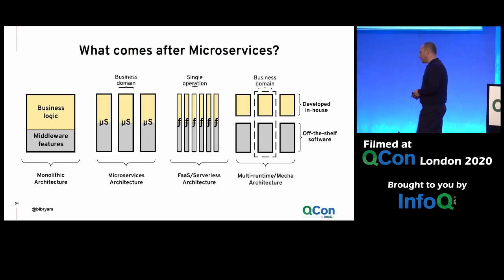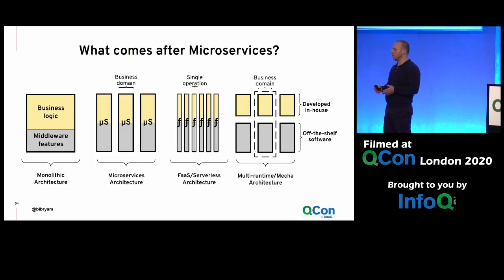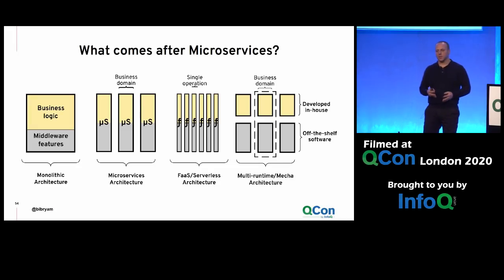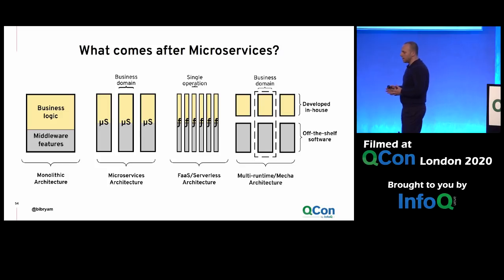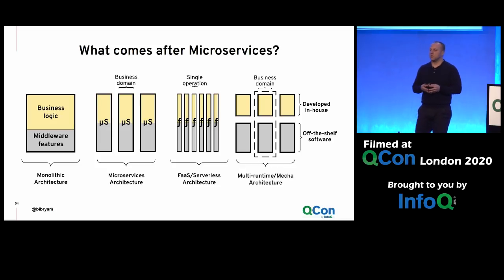But I would argue that maybe FaaS is not the best model, and functions are not the best model for implementing reasonably complex services where you want multiple operations to reside together when they have to interact with the same data set. So probably something like multi-runtime, I call it MEC architecture, where you have your business logic in one container, and you have all the infrastructure-related concerns in a separate container, and they jointly represent a multi-runtime microservice.